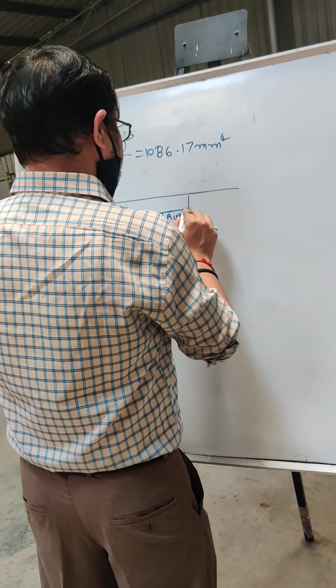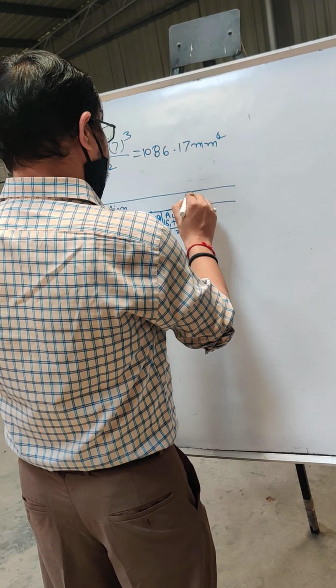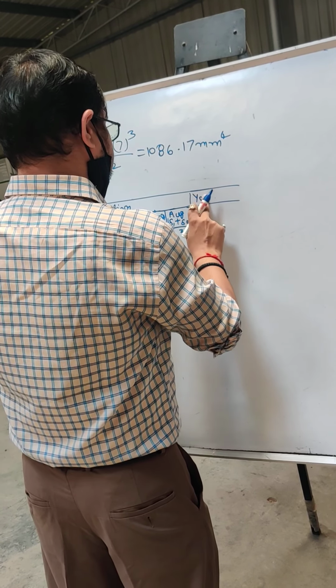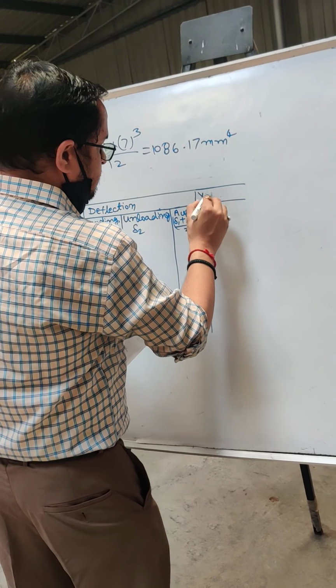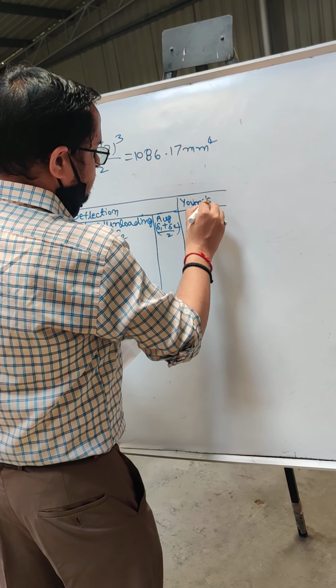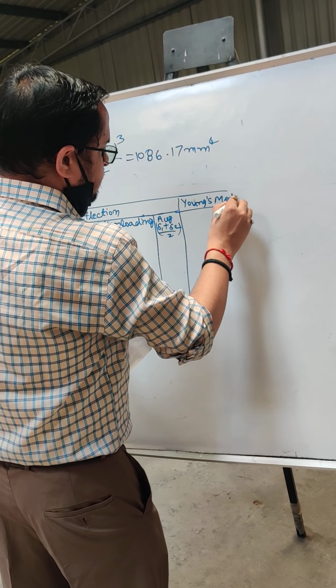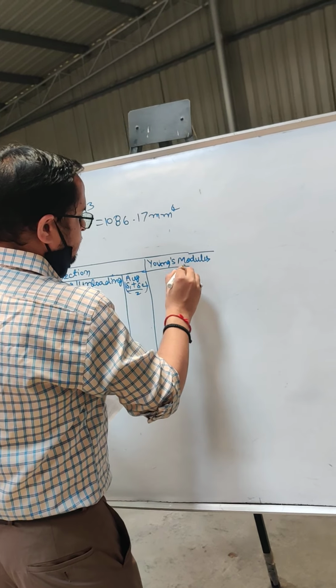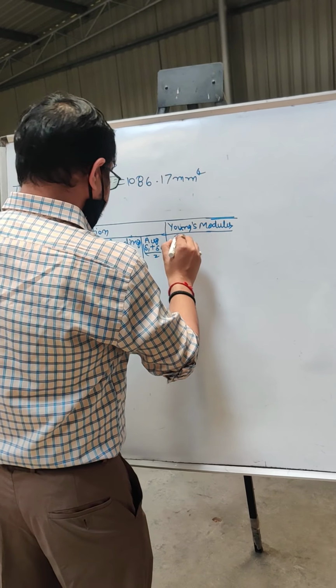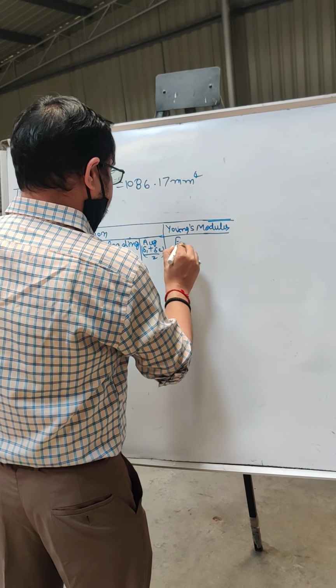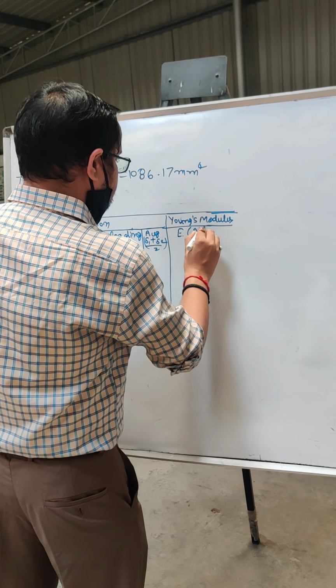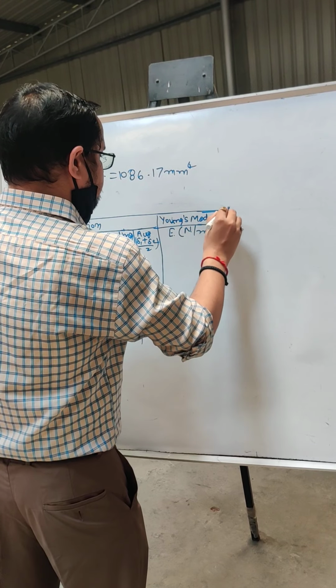Next we are determining Young's modulus, that is E, and E is in Newton per mm square.